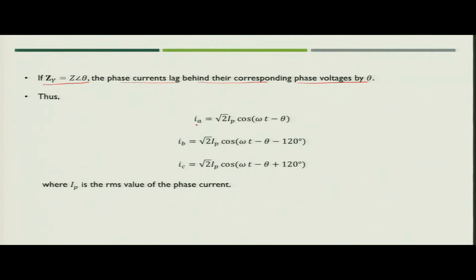So, we can write the currents: IA as root 2 IP cos omega t minus theta, IB as root 2 IP cos omega t minus theta minus 120 degrees, and IC as root 2 IP cos omega t minus theta plus 120 degrees, where again we are assuming IP as the RMS value, that is why we are multiplying by root 2.